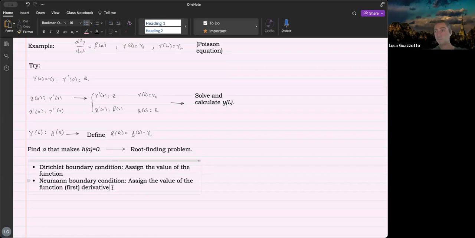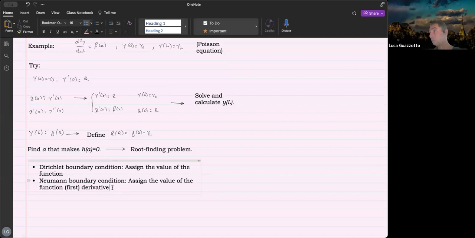And if I start with that, that's the function I need to set to 0. Z at the far boundary minus the assigned value needs to be equal to 0. Or I may have derivatives assigned to both sides. And then what I need to guess is the value of the function. Same thing.